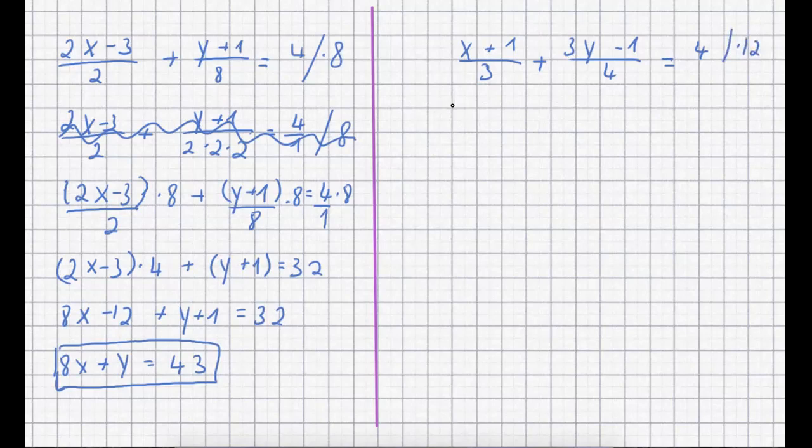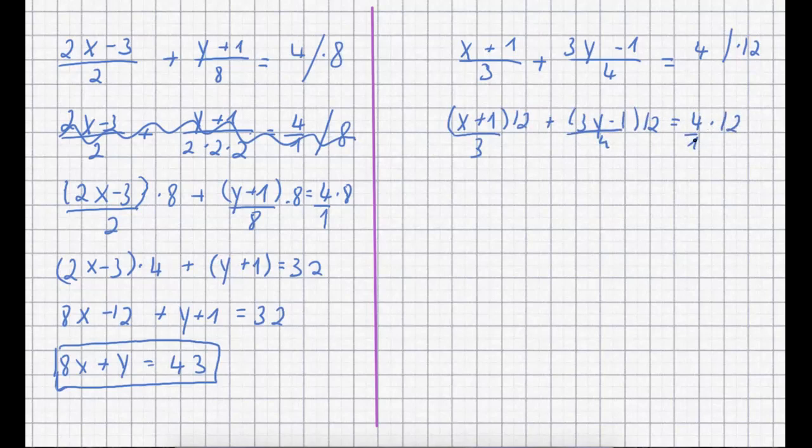And then we'll do in parentheses x plus 1 over 3 times 12, plus 3y minus 1 in parentheses over 4 times 12, equals 4 times 12.